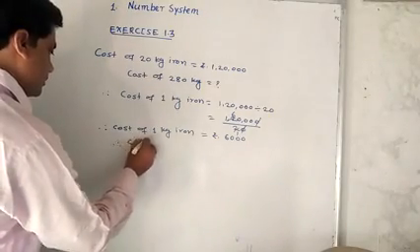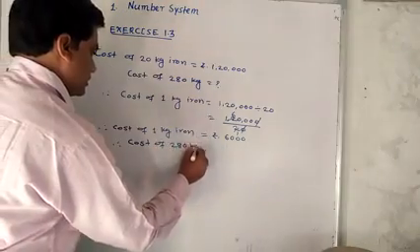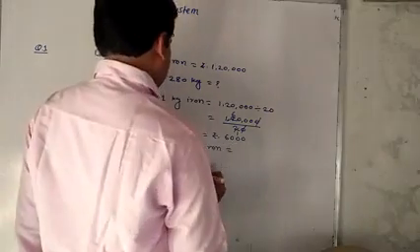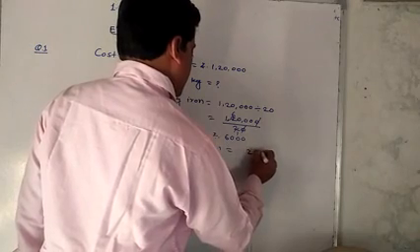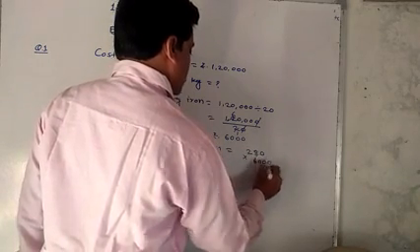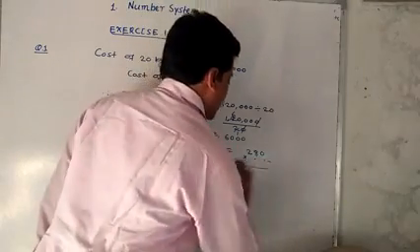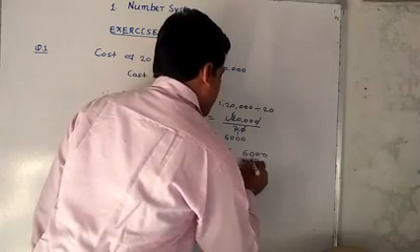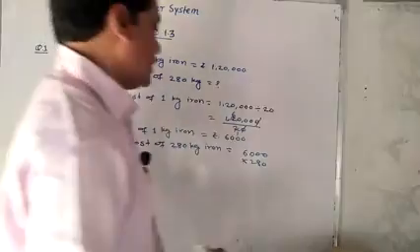Therefore, cost of 280 kg iron is equal to 280 into 6,000, or we can also write 6,000 into 280.